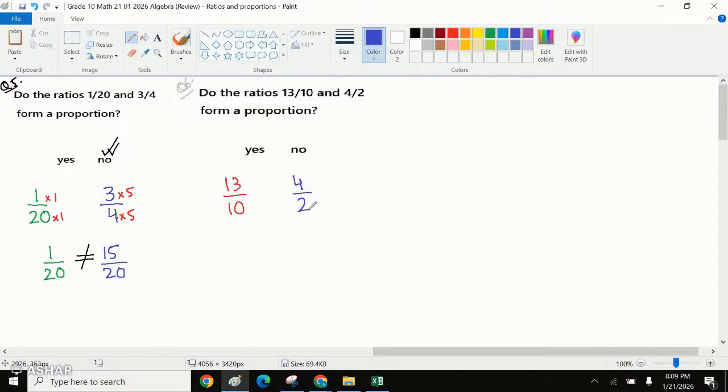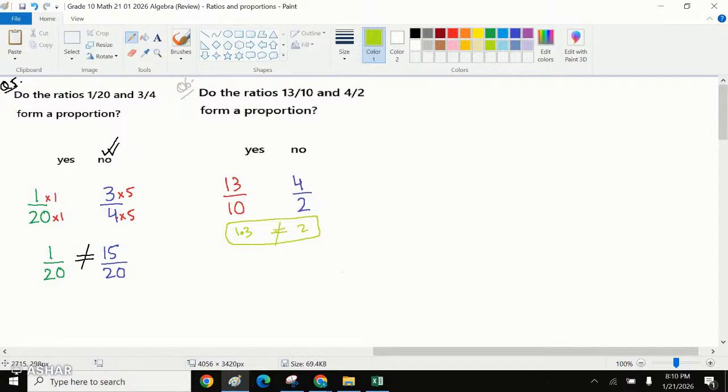We can directly see that 4 upon 2 can be cancelled out, and 13 upon 10 would become 1.3, the other is 2, and they are not proportional, right? If we change these numbers into decimal numbers, we can directly find the answer, because we know that whenever a number is divided by 10, we put in a decimal point from the left side, right?